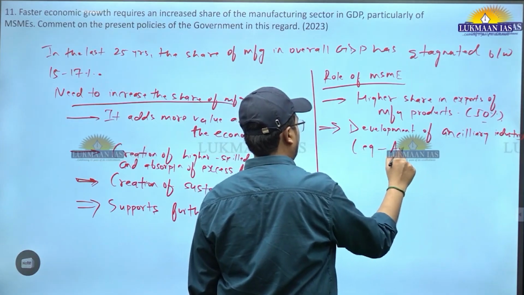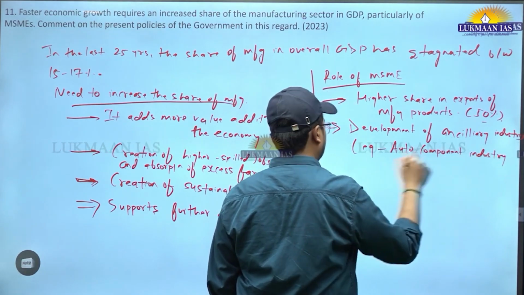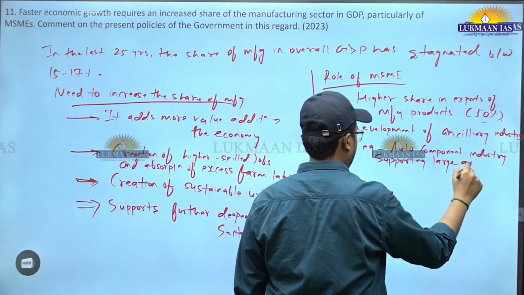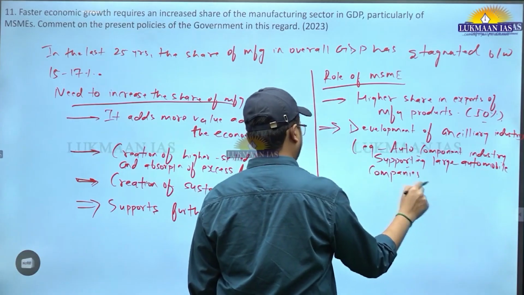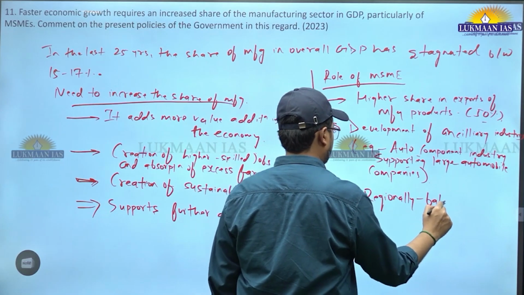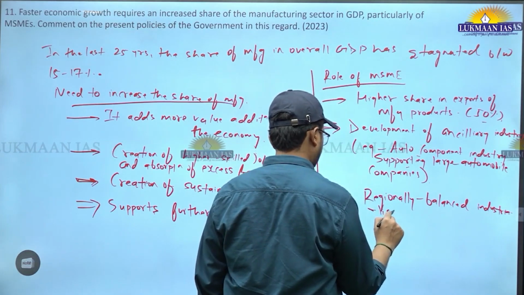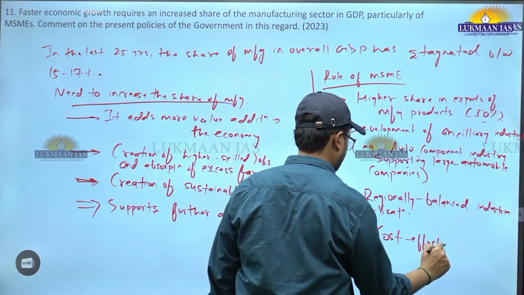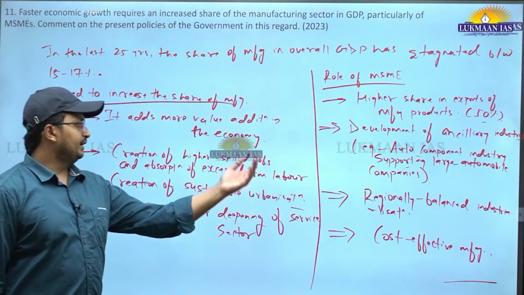Example, auto component industry supporting large automobile companies. Regionally balanced industrialization. Cost effective manufacturing. So first is higher share in exports of manufactured products.